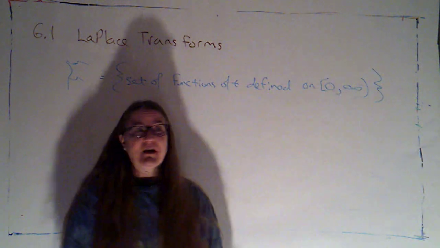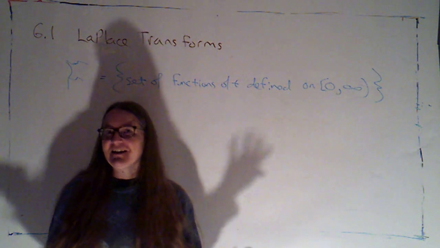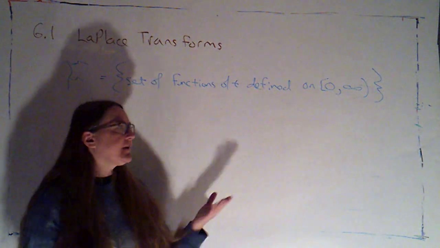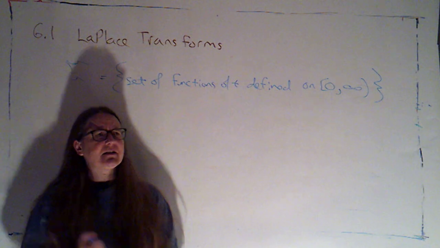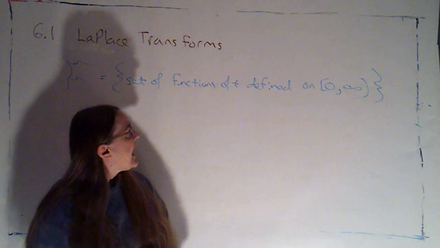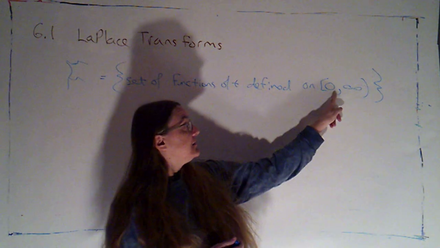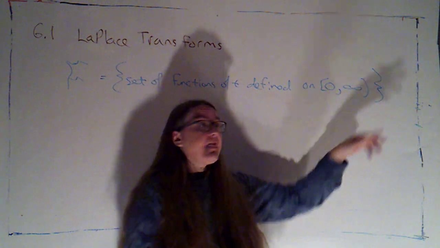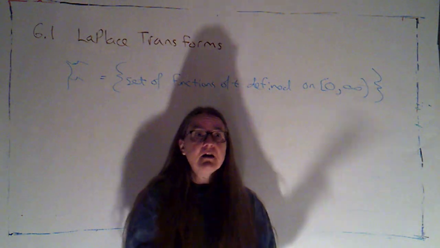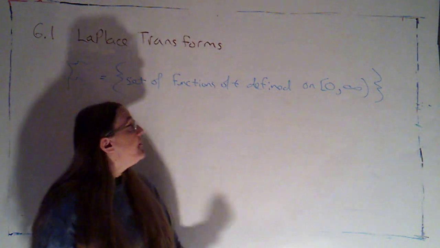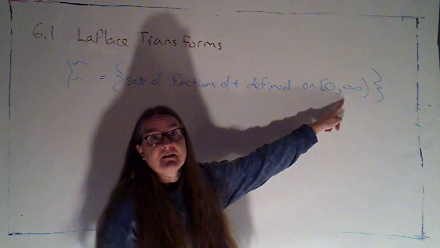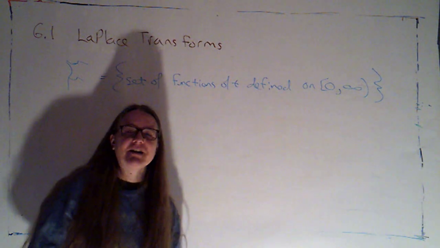I didn't say that my functions aren't allowed to be defined on negative numbers. So things like our exponential functions and sine and cosine, which we've really come to know and love this semester, those are defined from 0 to infinity. They happen to be defined elsewhere. For the purposes of Laplace transforms, we don't really care, okay? It's not that these are the only places that they're defined, it's that they must be defined for all non-negative numbers.